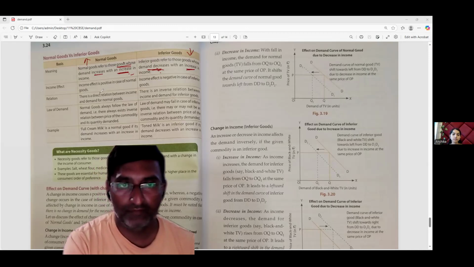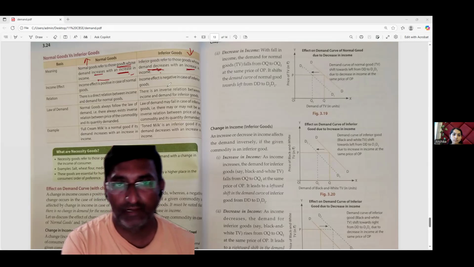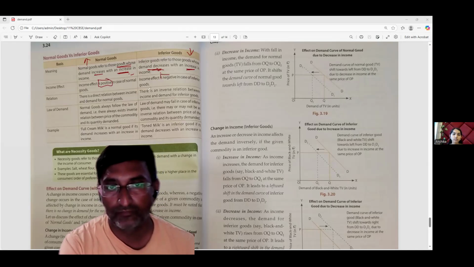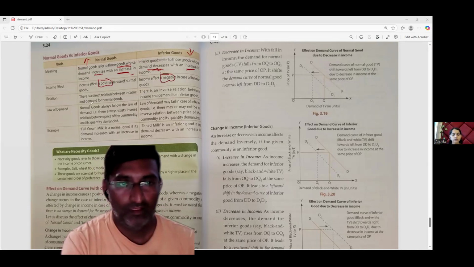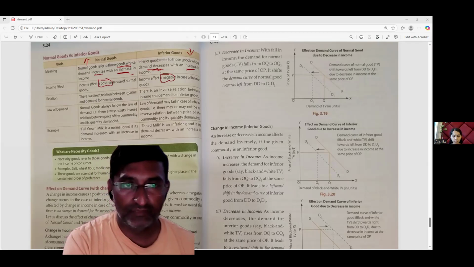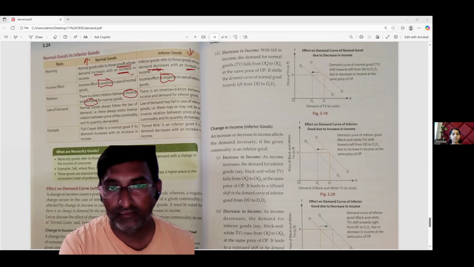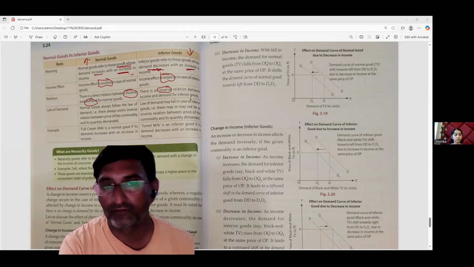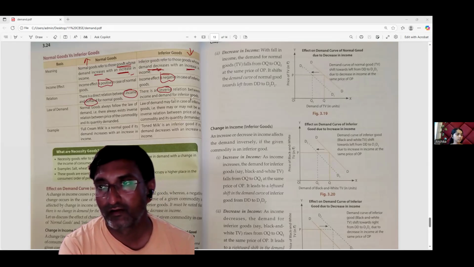Income effect is positive, and income effect is negative. There is a direct relationship between income and demand, and there is an inverse relationship between income and demand for inferior goods.